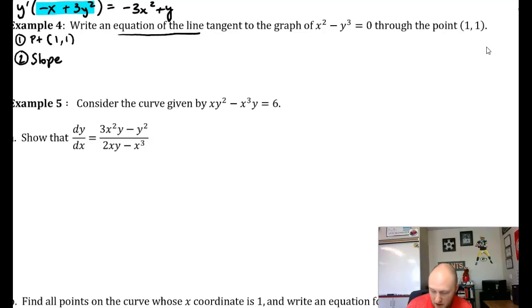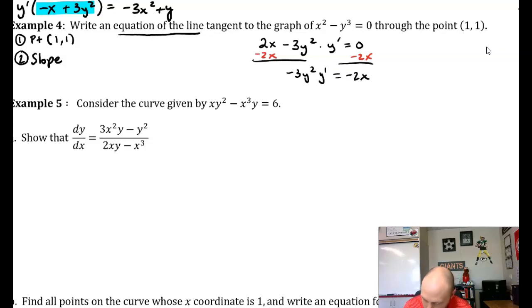Okay, so my function, x squared minus y cubed equals 0, the derivative of that is 2x minus 3y squared times y prime, which is equal to 0. So I'll go ahead and solve for y prime. I'm going to move the 2x over to the other side. Okay, and so we get negative 3y squared y prime is equal to negative 2x.